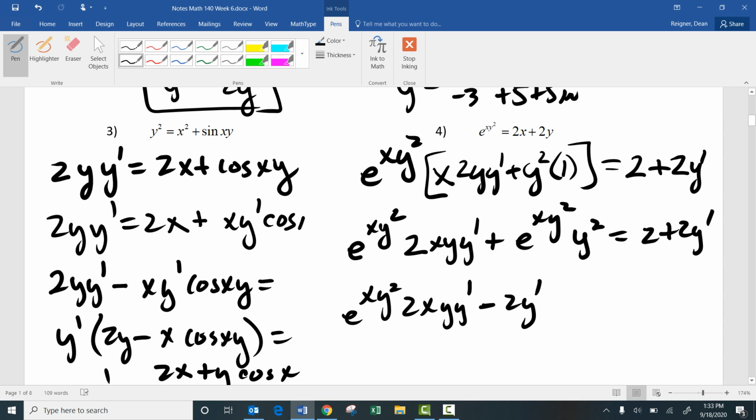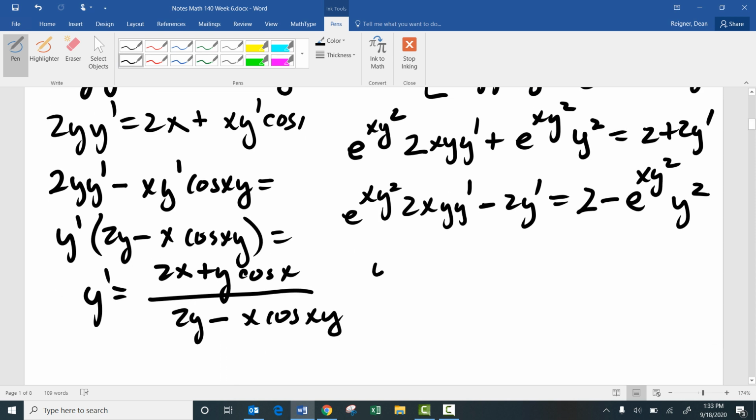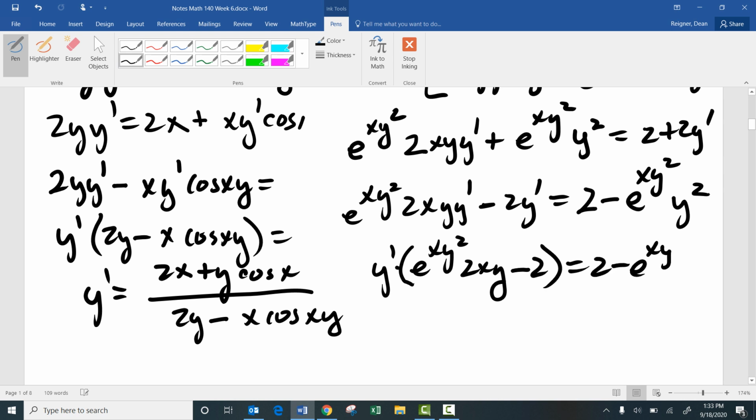And I'll move this thing over to the right. So 2 and then minus this thing, e to the xy squared times y squared. Factor out a y prime and then divide. So e to the xy squared 2xy minus 2 equals 2 minus e to the xy squared y squared.